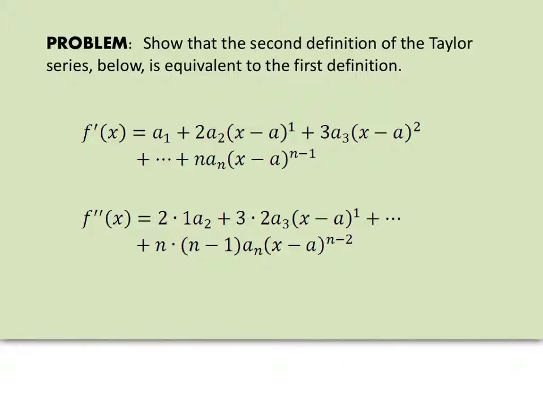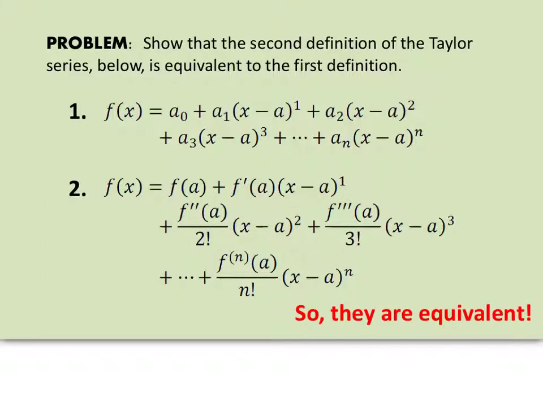If we calculate more derivatives, we can find the rest of the constants a3 through an. If we were to substitute these constants back into our original equation, we would of course get this second definition for the Taylor series. So yes, these two equations are completely equivalent.